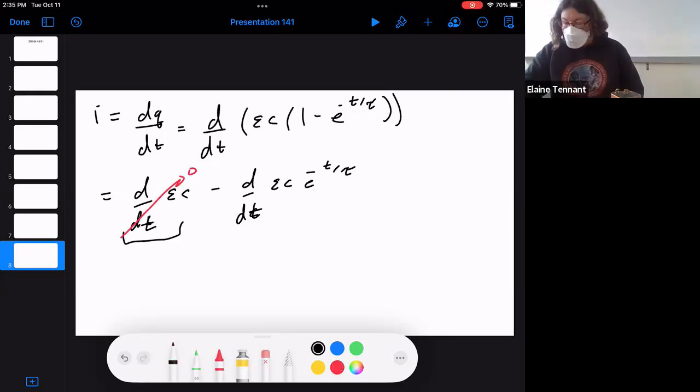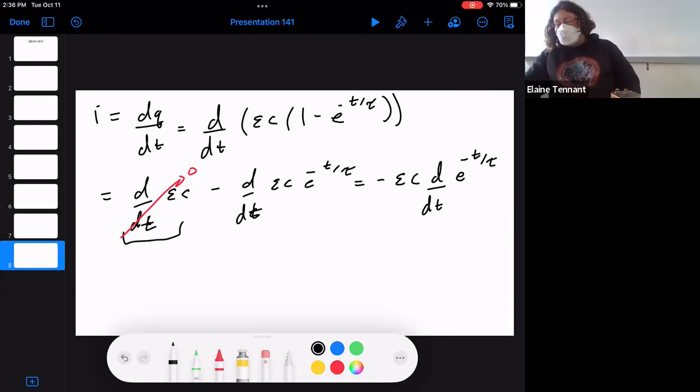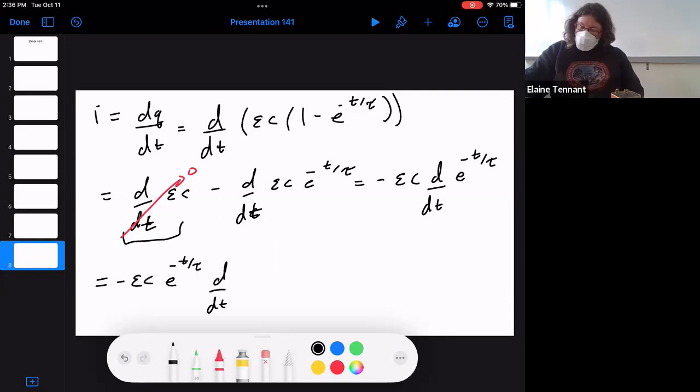Excellent. Since they're constants, we can pull them outside of this derivative, and we're just taking the derivative of e to the negative t over tau. What is the derivative of an exponential? Excellent. Itself times the derivative of the inside, right?